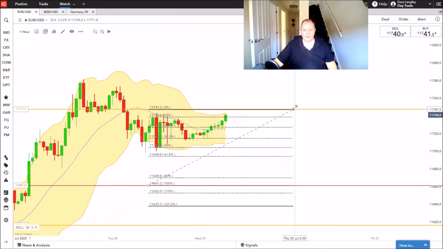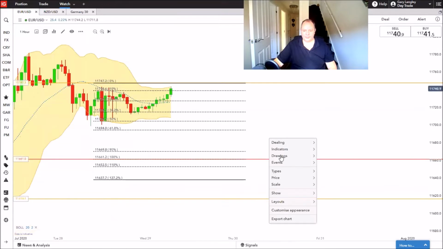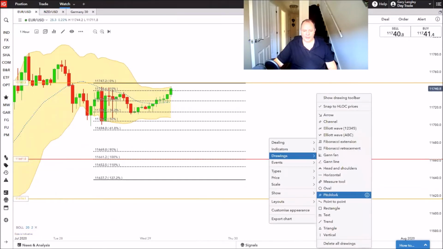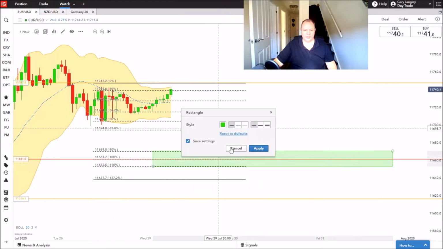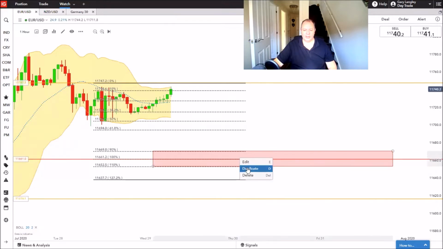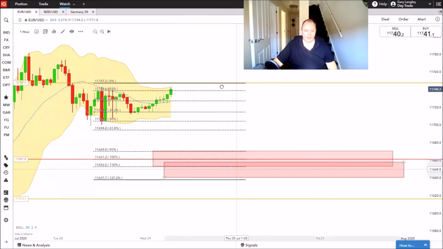We build up some zones so we can see where we're going to work to. Get a rectangle on, which is there. These are stop zones. In other words, I never trade through a red.